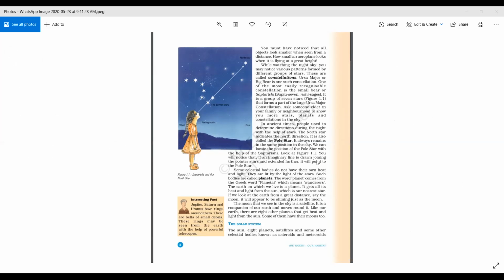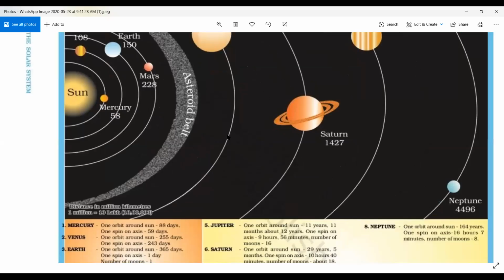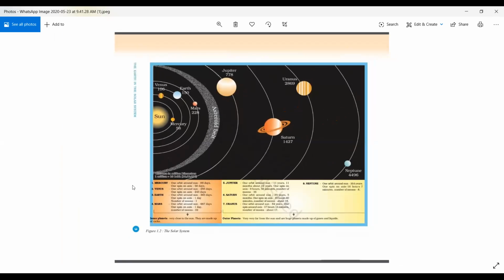Then what is the solar system? The Sun and 8 planets and satellites, and some other celestial bodies called asteroids and meteoroids make up the solar system. This is a solar system. See, this is my solar system.